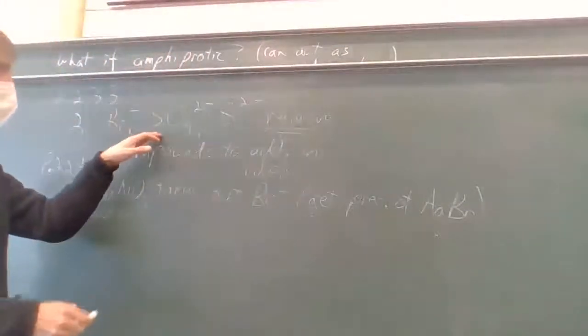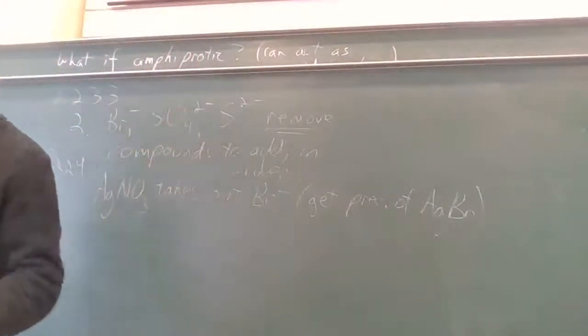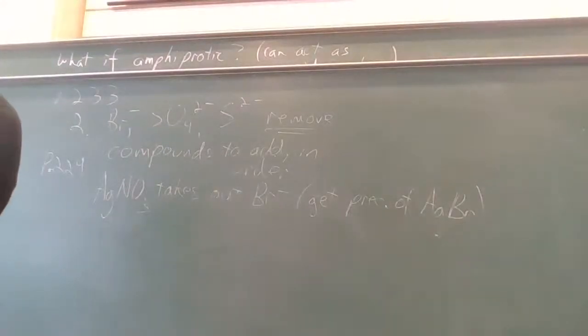So now I've got these two left, sulfate and sulfide. So we have to look for a difference on our table of solubility. There's sulfide and there's sulfate. Well, sulfide has some solubility.